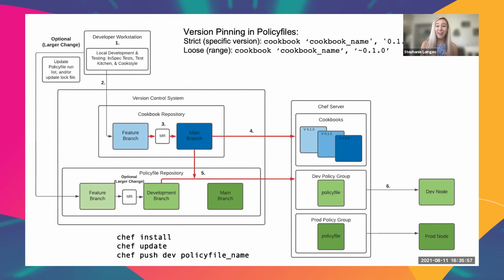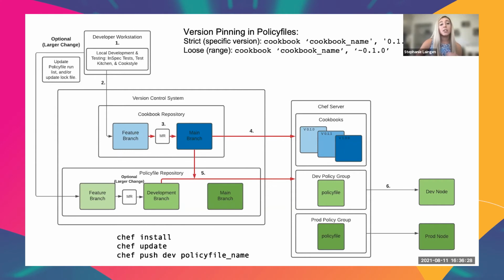Well, good for us. Our pipeline has already uploaded that new cookbook version to the Chef server. So what's going to happen is our pipeline is going to say, hey, policy file repository, please update, it's time. So it's going to trigger, which is a keyword in GitLab pipelines, a pipeline in the policy file repository on the development branch, because we want to test our changes in the development environment before we push them to production.